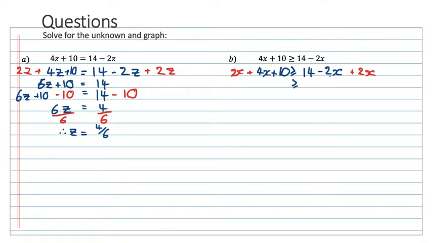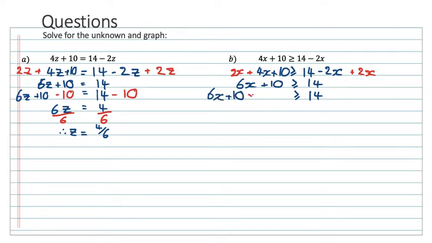So once again, negative 2x plus 2x, that cancels. That will be 14. 2x plus 4x will be 6x plus 10. Now getting rid of this 10 because I want the x to be by itself. I'll say 14, 6x plus 10.